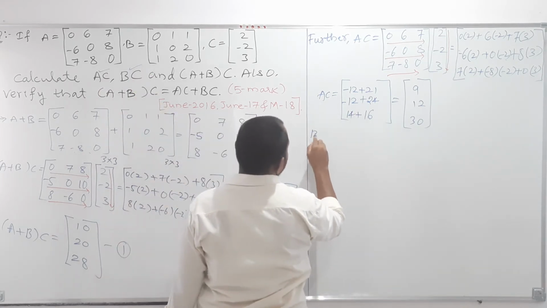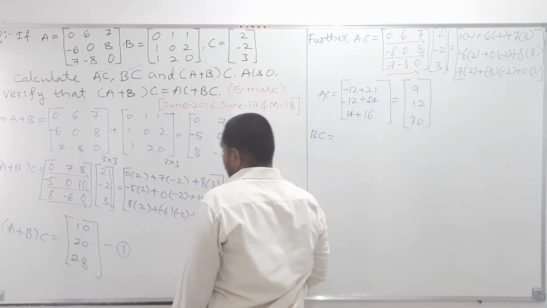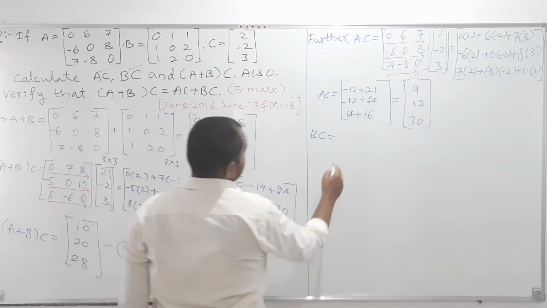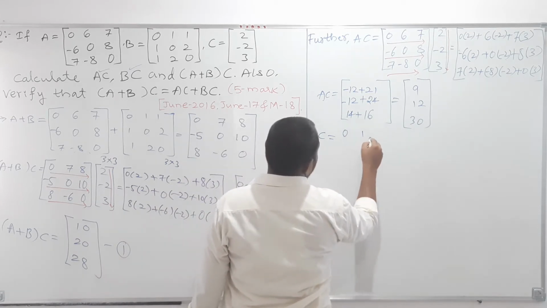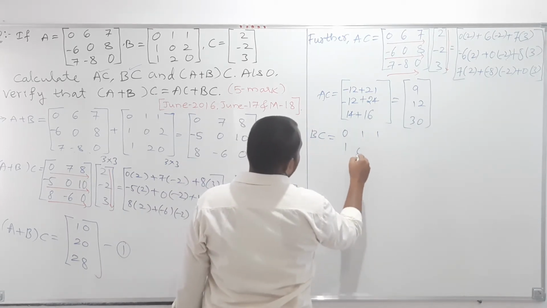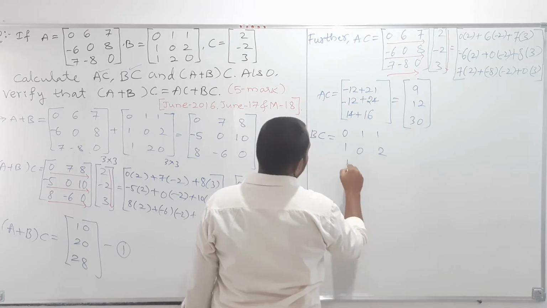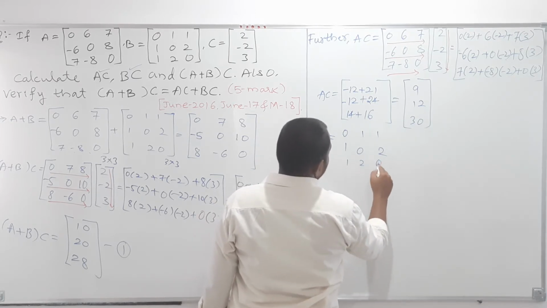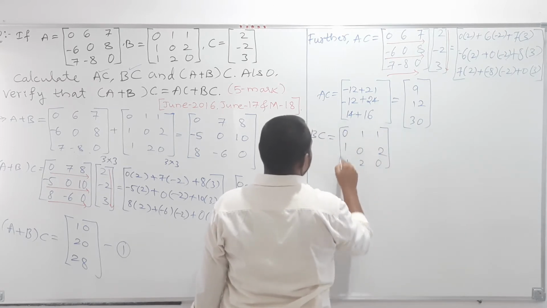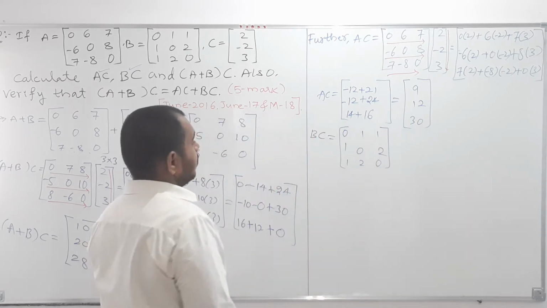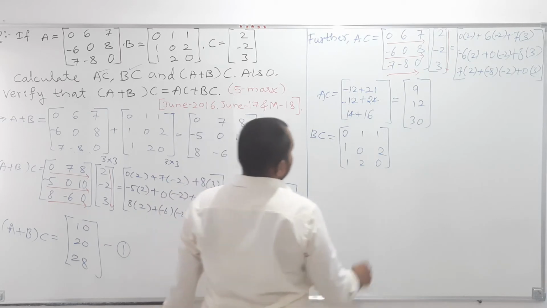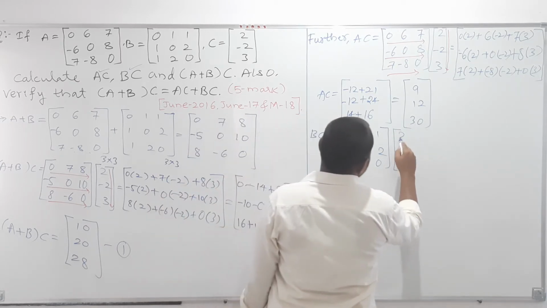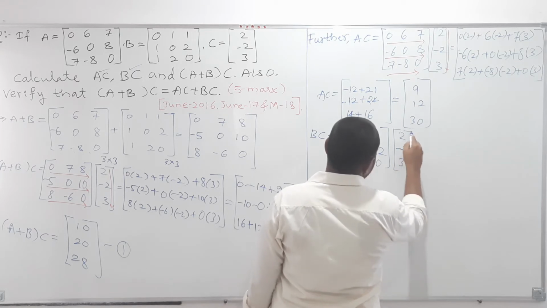So therefore, my dear students, BC is equal to, so what is the matrix B here? The matrix B is 0 1 1, 1 0 2, 1 2 0. So this is your B: 0 1 1, 1 0 2, 1 2 0. And next, my dear students, C is [2, -2, 3].